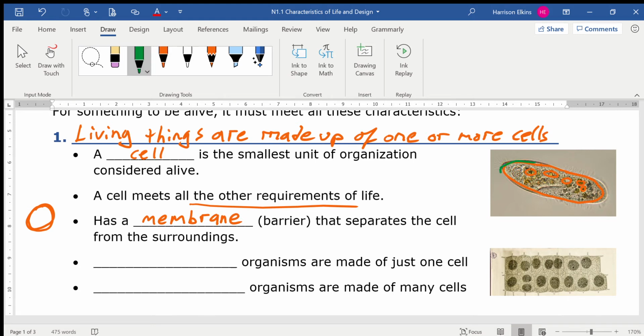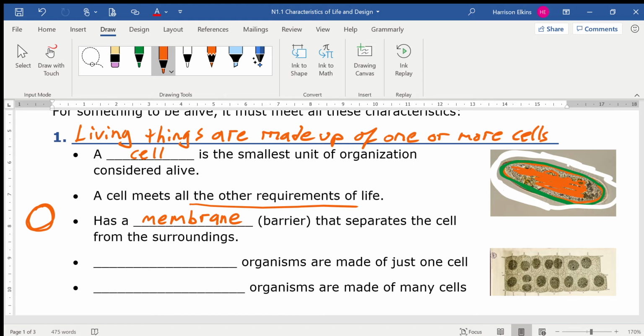It's this green part right here on the cell, and that separates it from its surroundings. So here on the inside, you have the inside of the cell, and then on the outside of the cell, you have water or whatever sort of mixture it's in. So the cell membrane is covering the cell, and every single cell has one of these.